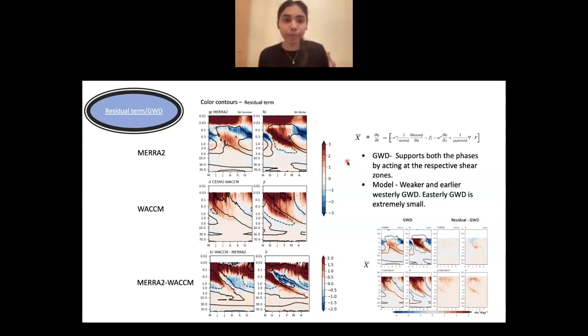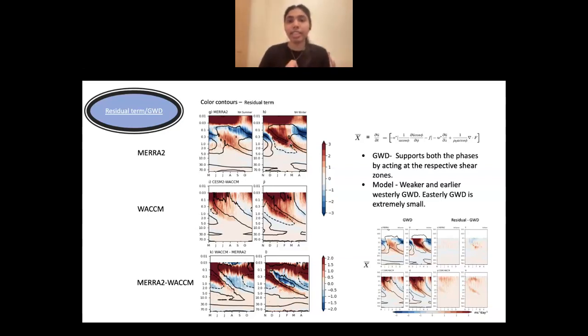So I'll focus on the residual term now. The color contours in this plot are the residual term. If we focus on MERRA2, in the westerly phase region, just at the beginning of the westerly phase, we can see there is a huge westerly forcing happening due to the gravity wave drag.